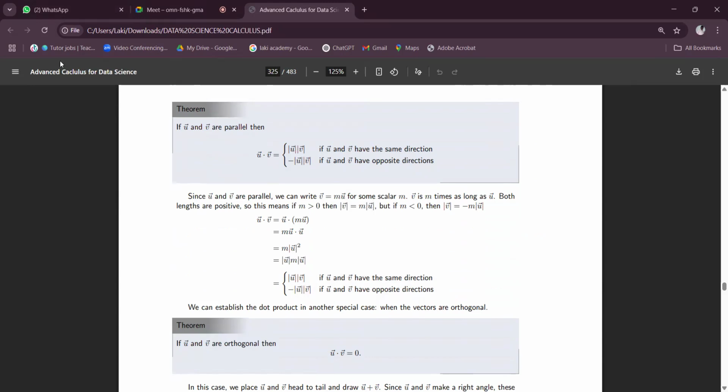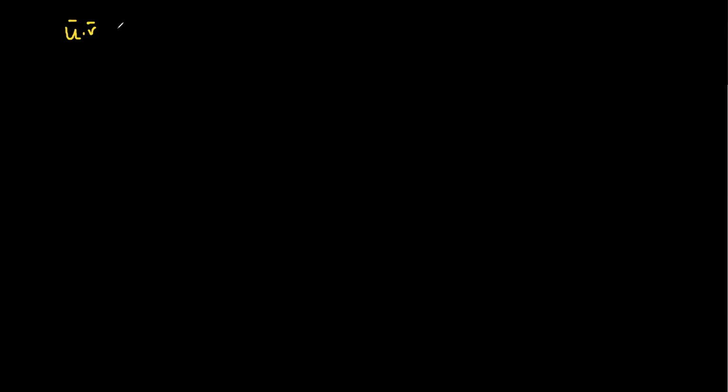What is the significance of multiplication? If u dot v is equal to, suppose, a, then a is the scalar value.